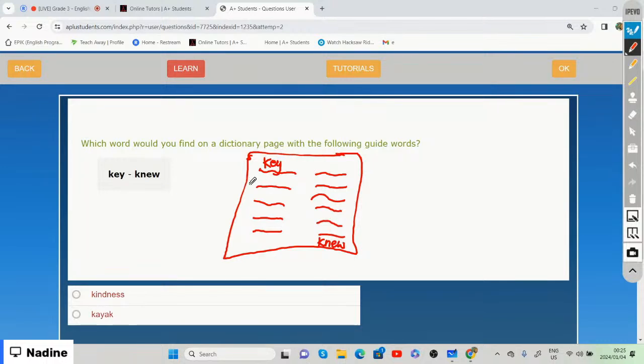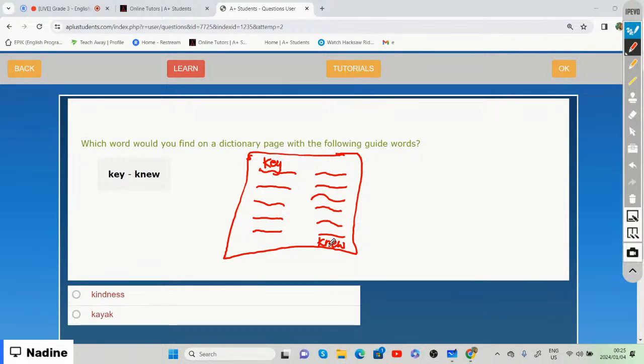Then all the other words that we have in between key, for example, and new will be in alphabetical order. So any other word that comes after key will start with a K and an E, or K and I, for example. But all of those words will be before K and N. Any other word that is before KE will be on the previous page.